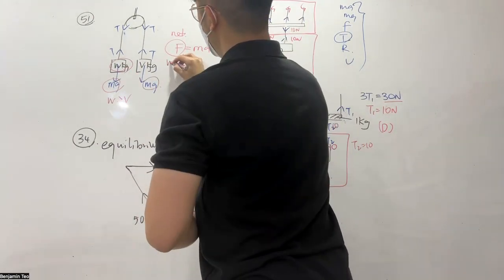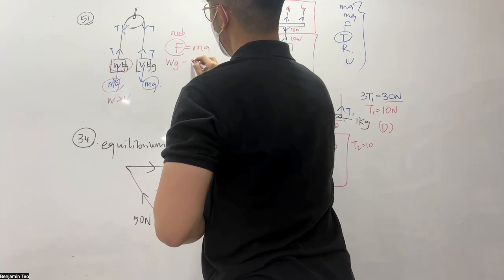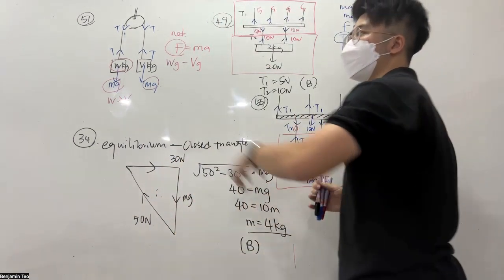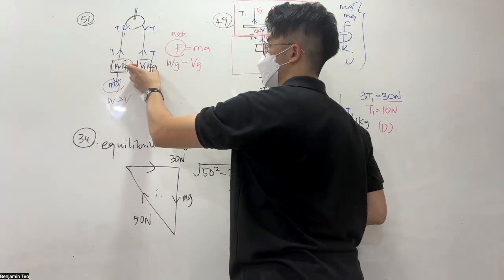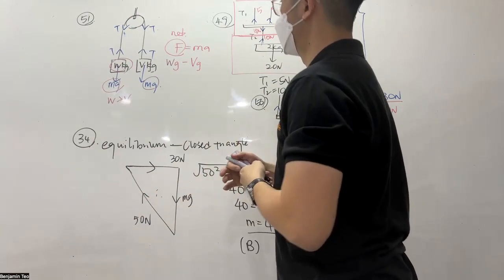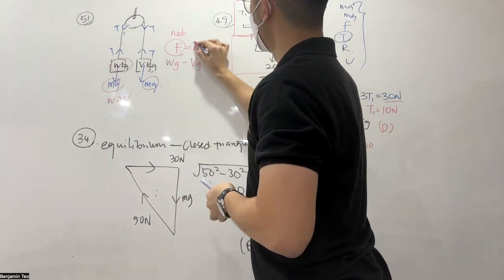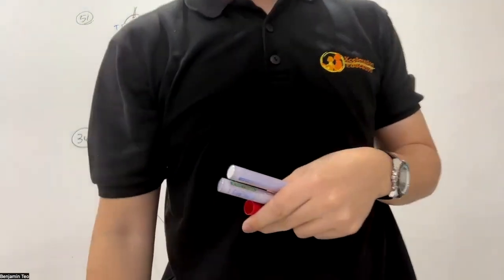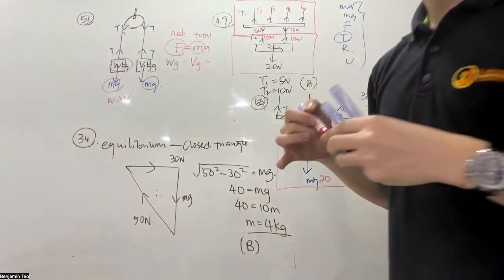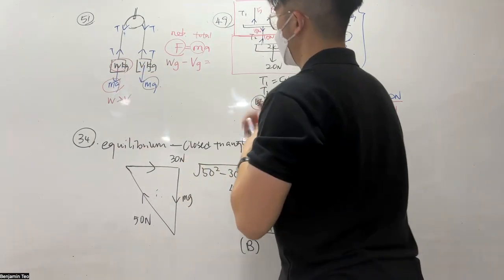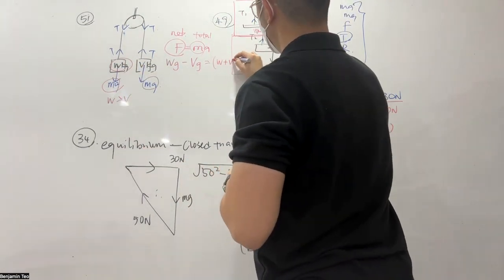So we write Wg minus Vg is your net force. Bigger minus bigger. MA, and this is your total mass of the system, because right now I'm looking at the whole system. So the mass is this add together, W plus V.